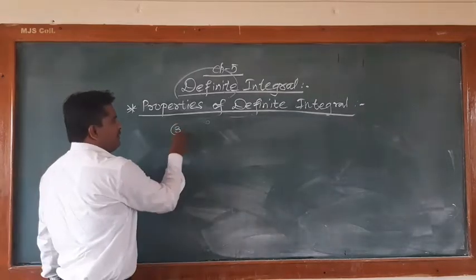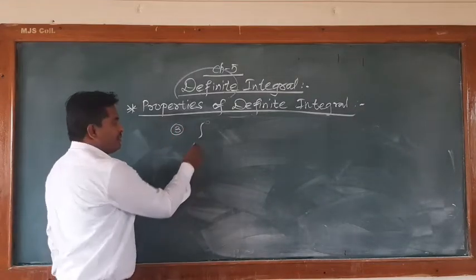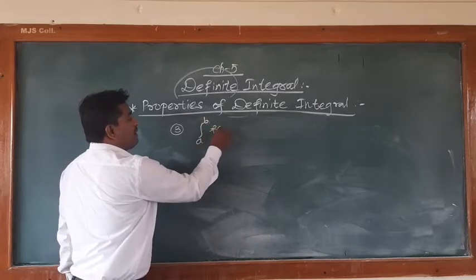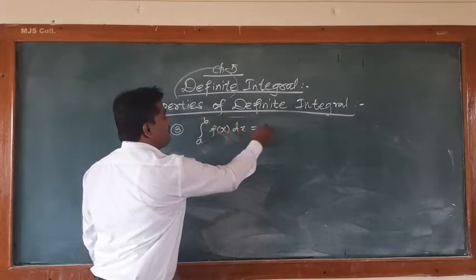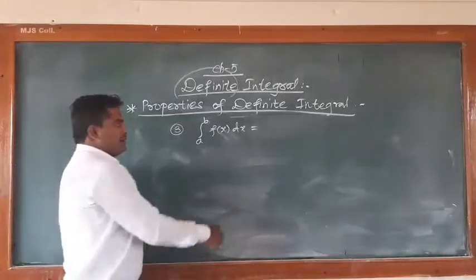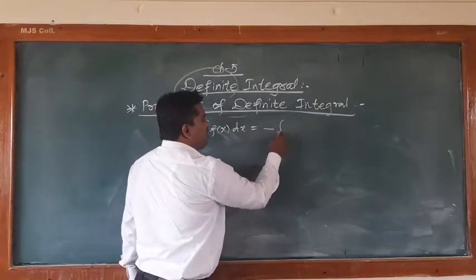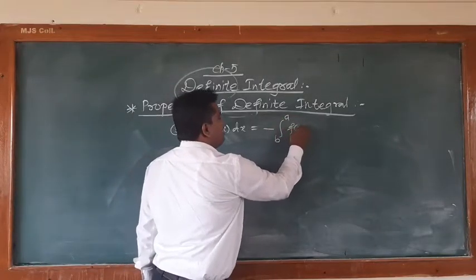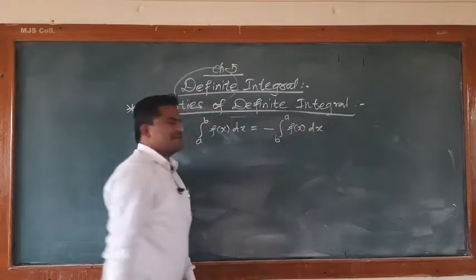Third property: integration of a to b f of x with respect to dx is equal to minus integration b to a f of x with respect to dx.